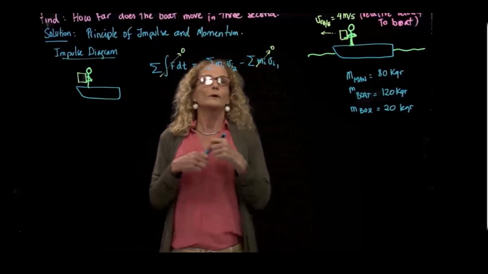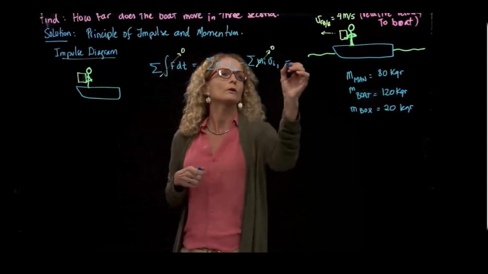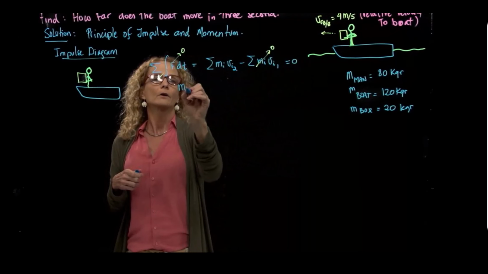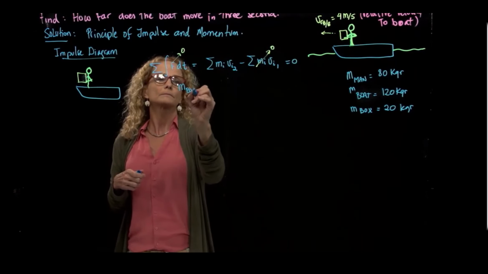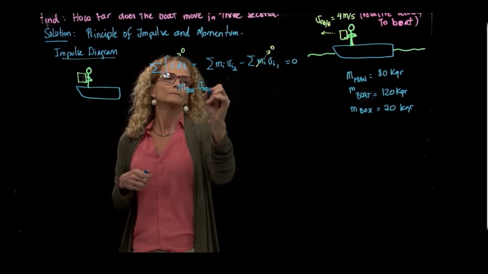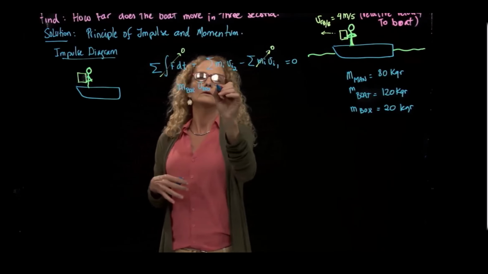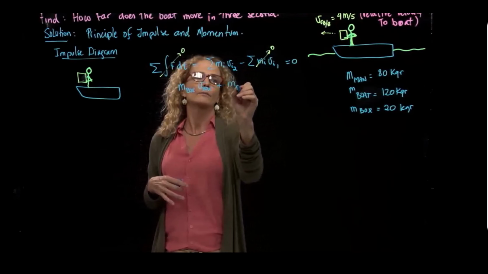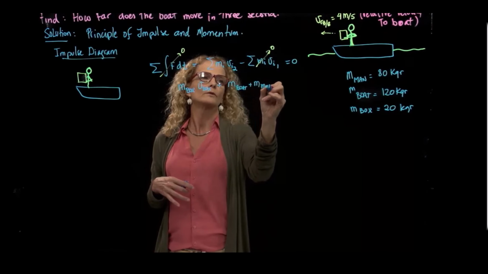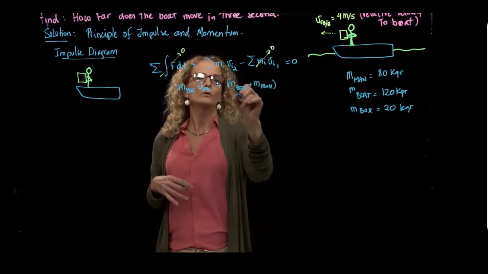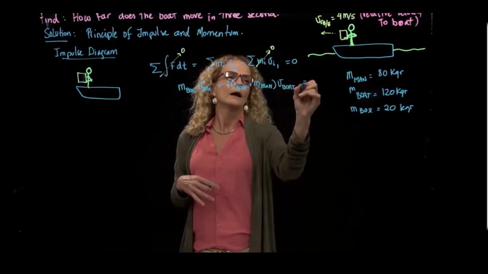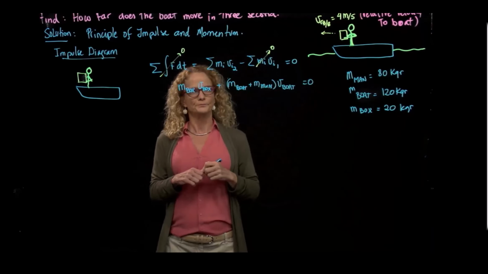We will have the mass of the box times the velocity of the box after he throws it, plus the mass of the boat and the man together, because the man doesn't move relative to the boat, times the velocity of the boat, equals 0.